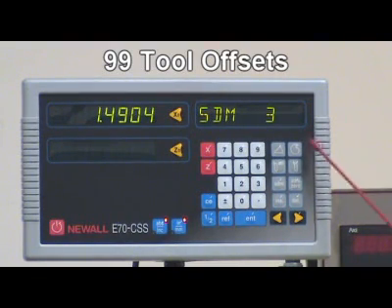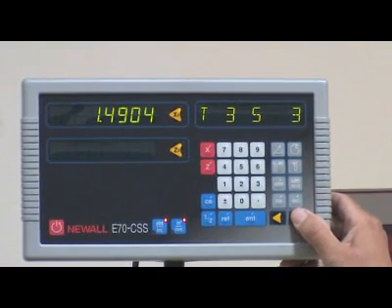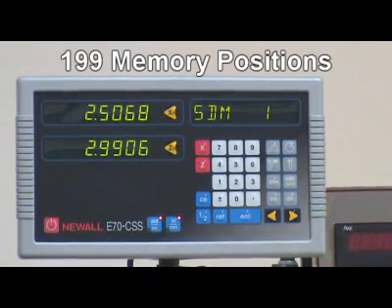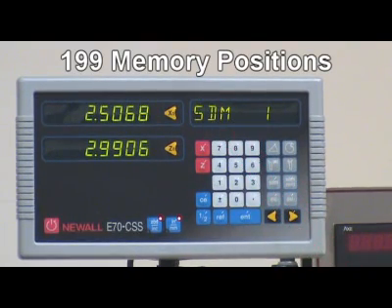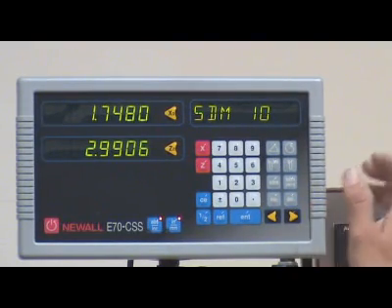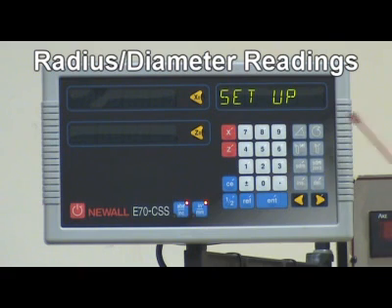99 tool offsets. 199 memory positions. Digifind absolute reference. Radius or diameter mode.